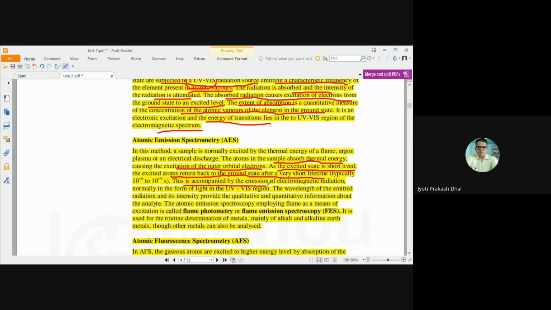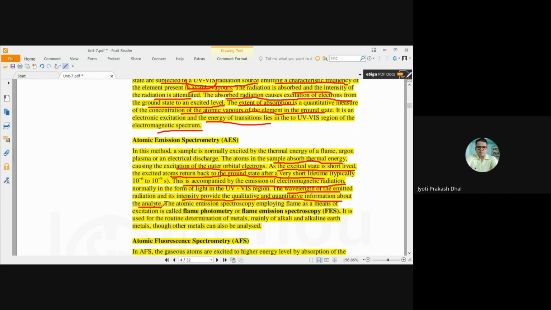This is accompanied by emission of electromagnetic radiation, normally in the form of light in the UV visible region. The wavelength of the emitted radiation and its intensity provide qualitative and quantitative information about the analyte. That means which atoms are present in the analyte and what the concentration of the corresponding element present in the analyte is.